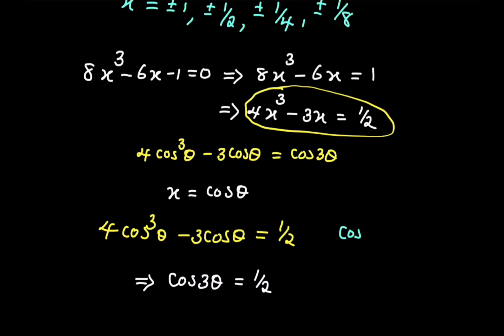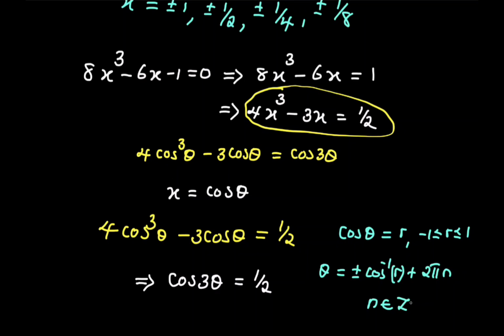Recall that if the cosine of the angle theta is equal to r, where negative 1 is less than or equal to r, which is less than or equal to 1, then theta will be equal to plus or minus the cos inverse of r plus 2 pi multiplied by n, where n is an integer.